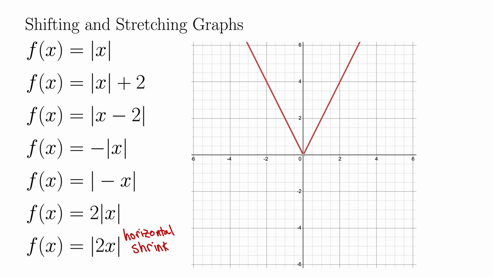So now we have a bigger number inside. What that does is horizontally shrink things by a factor of 1 over 2 in this case. So take your number, and then 1 over that is the factor by which it shrinks. So every x value is divided by 2, but the y value stays the same. And the effect of that in this case is actually the exact same graph.